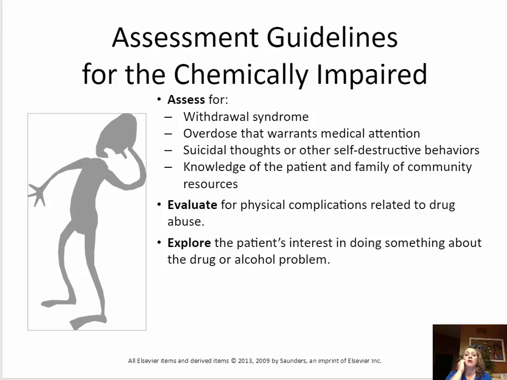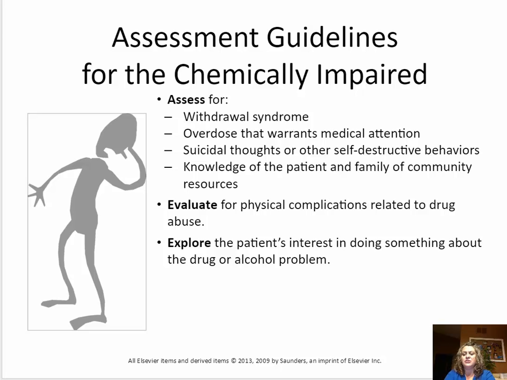Knowledge of the patient and family of community resources. So ask them if they're aware of the resources that are out there to help them. Also look for physical complications related to drug abuse. So for example, at the hospital we oftentimes get heroin abusers who have skin infections from their injection sites. So that would be one physical complication.